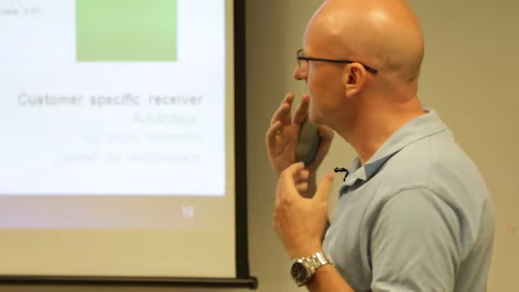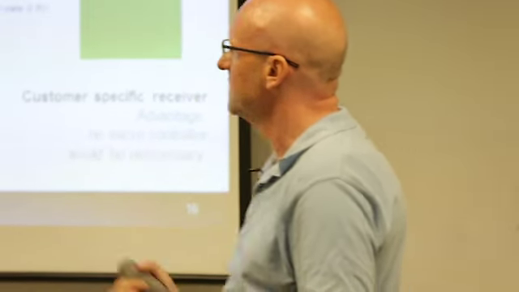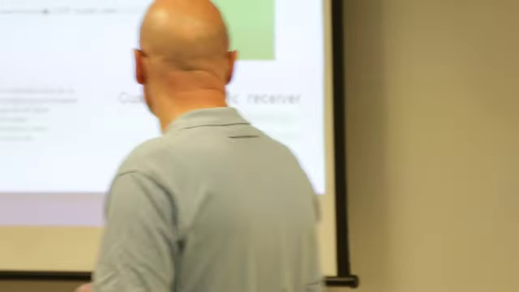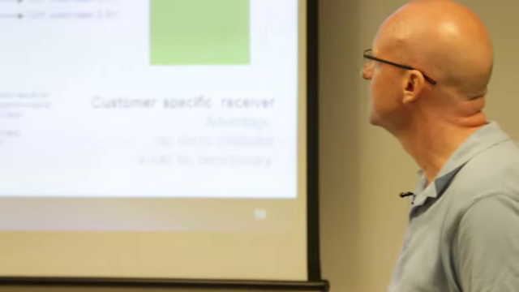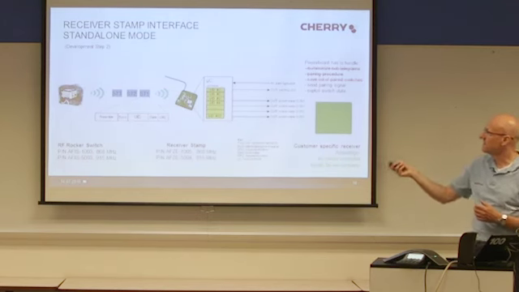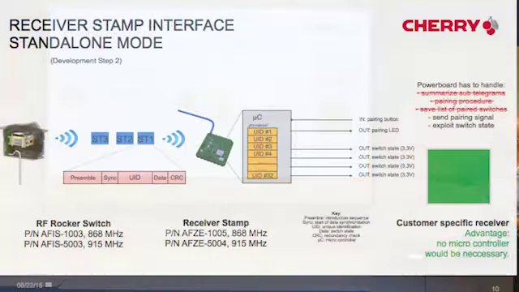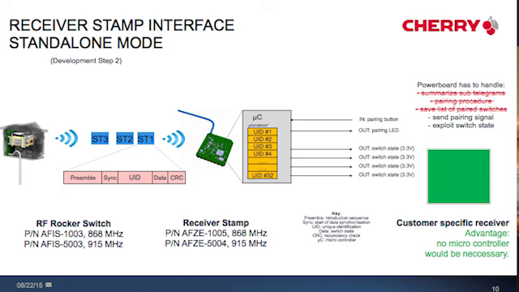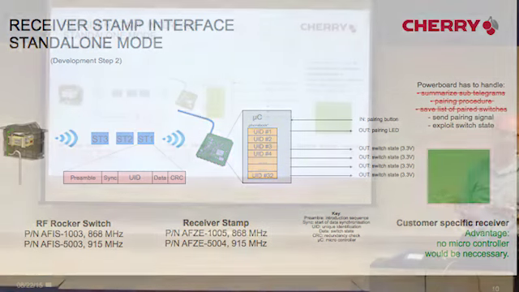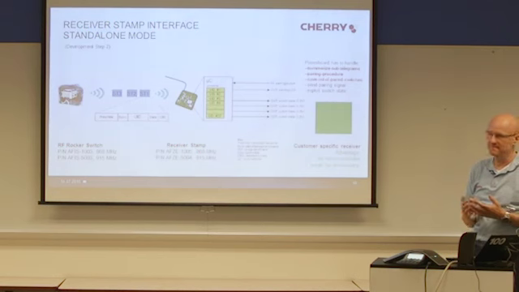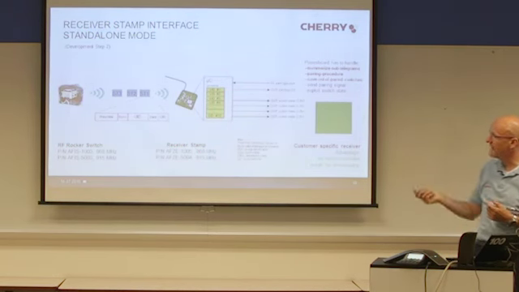And in the second step, development step 2, which you can see on slide 10, it will not be necessary to put intelligence on the power board. This customer-specific receiver could handle it only with hardware, not with microcontroller intelligence. And why?